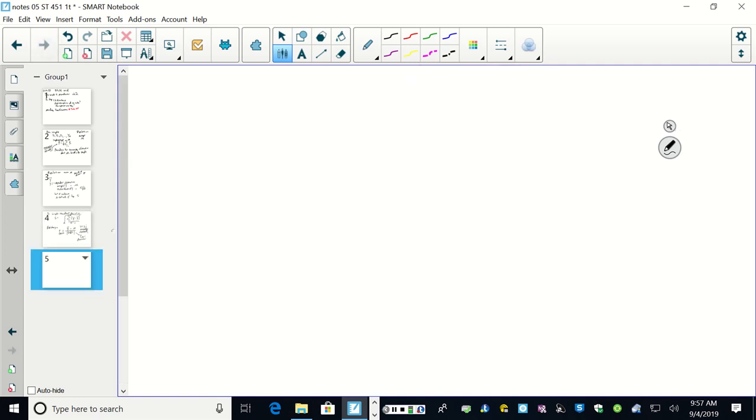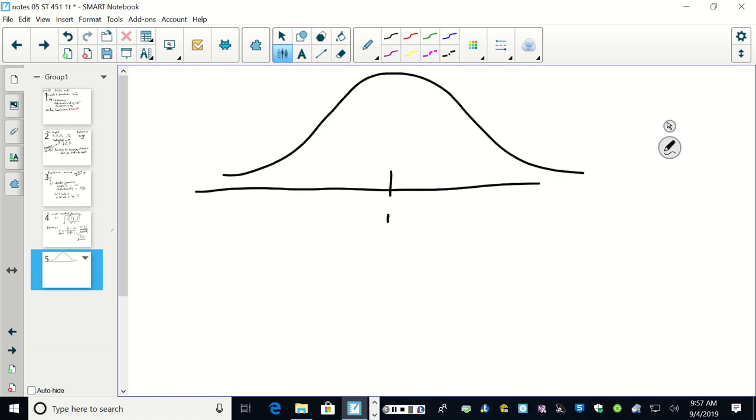And that t distribution is nice and symmetric about 0.